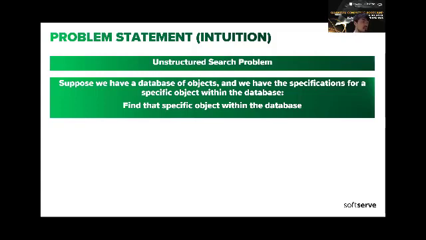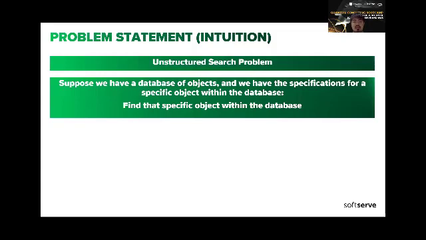So how would we normally solve something like this? Because it's an unstructured search problem, we'll just go up to the first object and check whether it has the specifications. If it does, all good. If it doesn't, we move on to the second object.